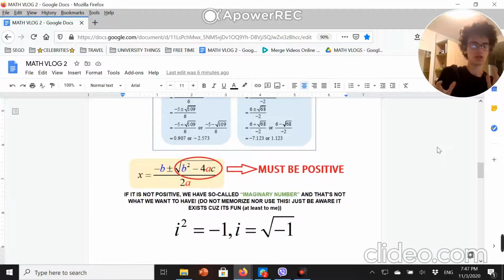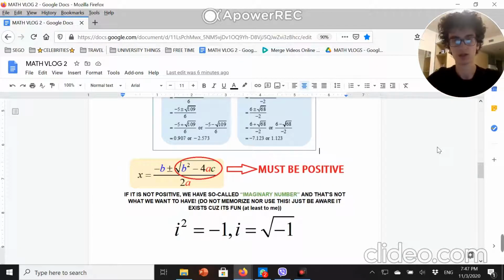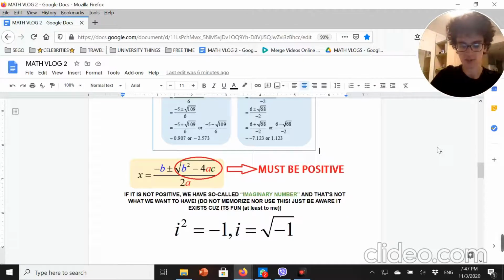If we have square root of -9, it is not correct, but also it is correct. Why is it not correct? Because there is no number times itself that would give us a negative number, right? But there is something called an imaginary number, which is a number that does not exist, but is the square root of -1 or the square root of any negative number.